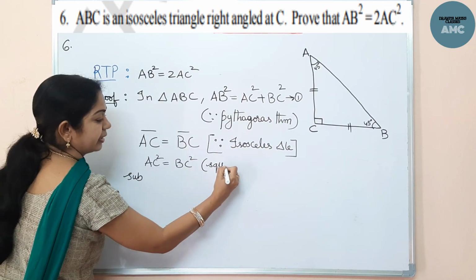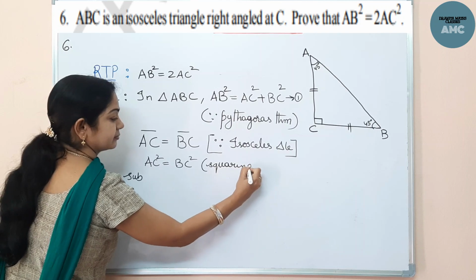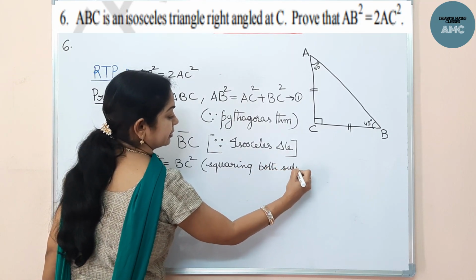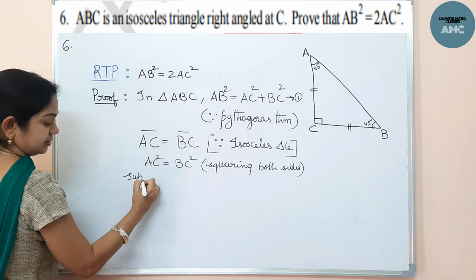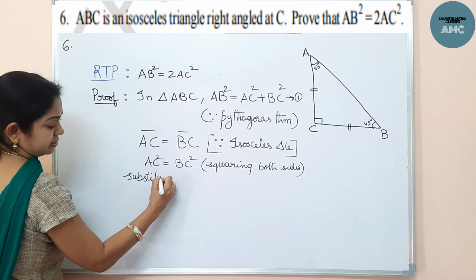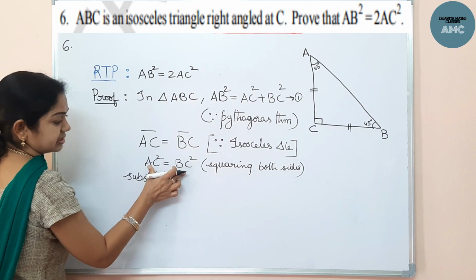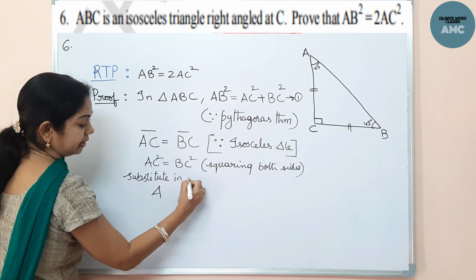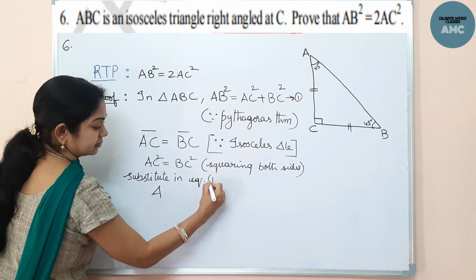If this is equation 1, I'll substitute here. What I did was squaring both sides simply. So I'll substitute this AC square is equal to BC square in equation 1.